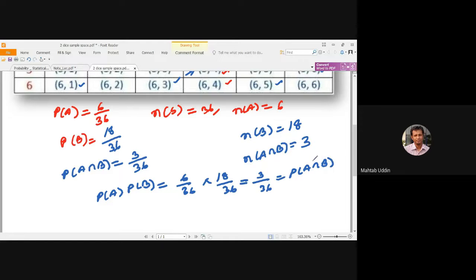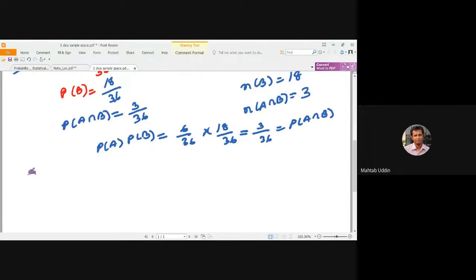So what can we tell? A and B are independent. Okay, everyone clear? We have shown A and B are independent.